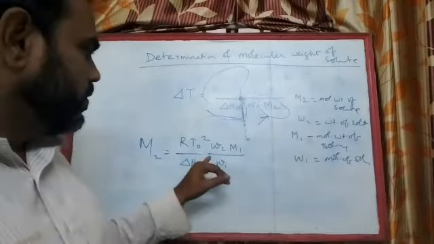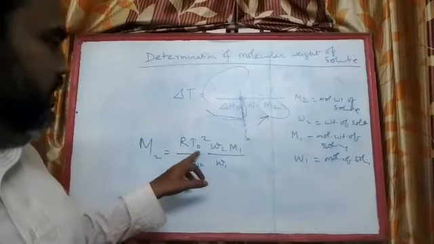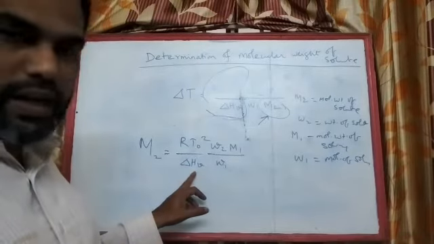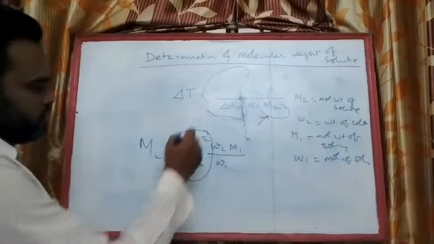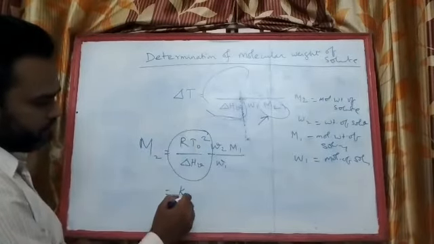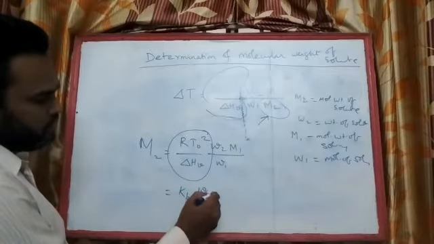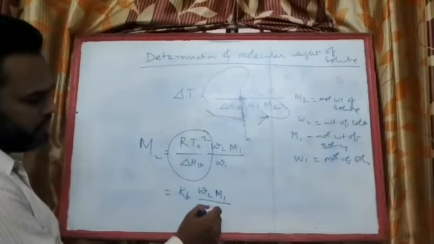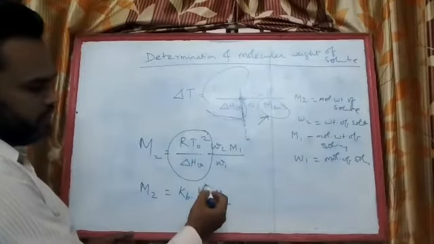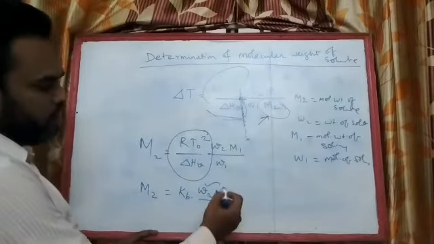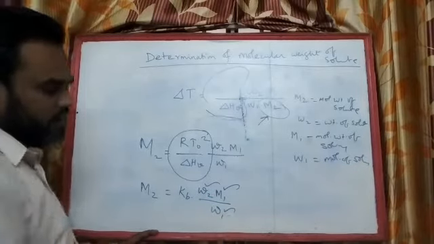Provided you know the gas constant, the boiling temperature, and the latent heat of vaporization, or altogether you should know Kb. W2 M1 whole divided by W1.